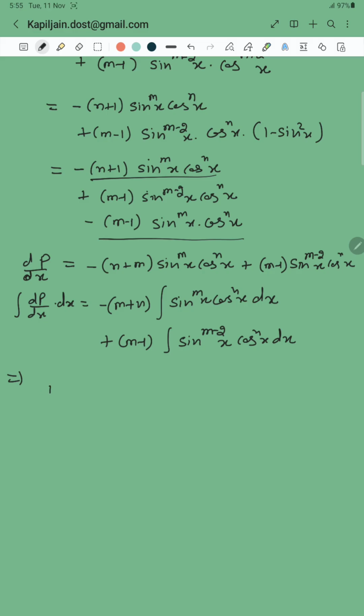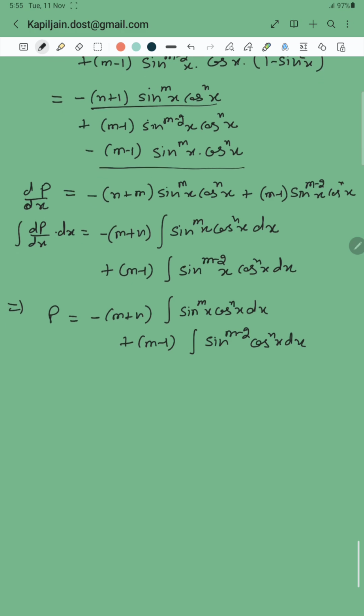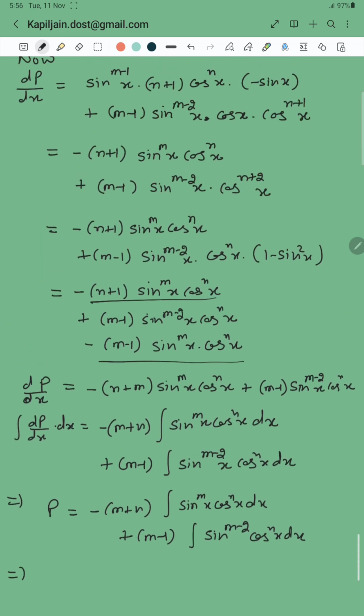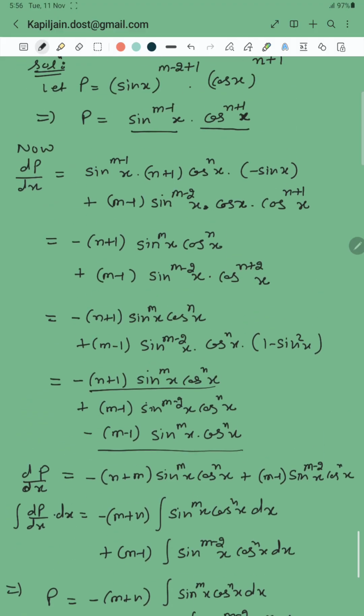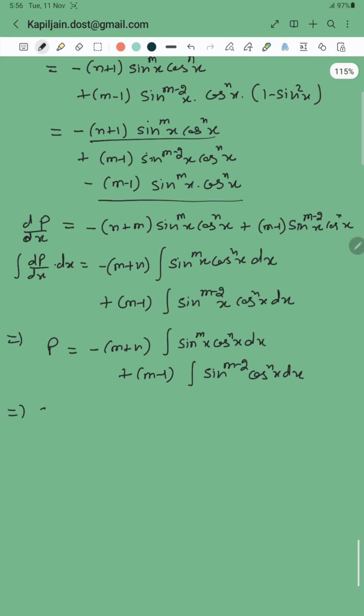So derivative of dp by dx is p, which is equal to minus m plus n our first integral sin raised to power mx into cos raised to power nx dx plus m minus 1 multiplied by the second integral sin raised to power m minus 2 x cos raised to power nx dx, and p is sine raised to power m minus 1x into cos raised to power n plus 1x, which is equal to minus m plus n.